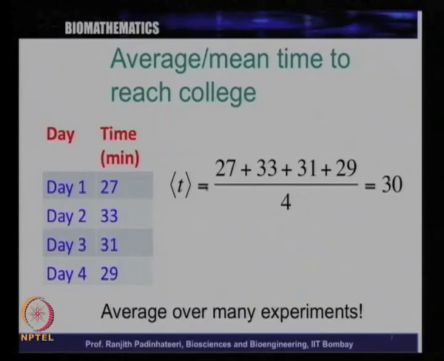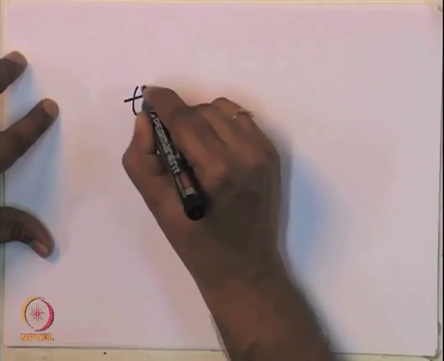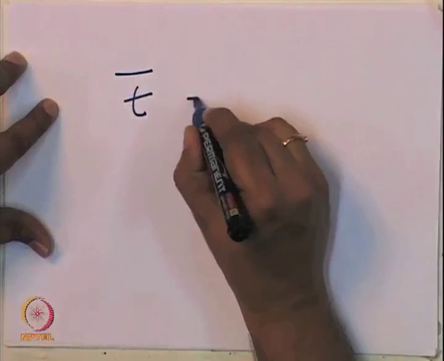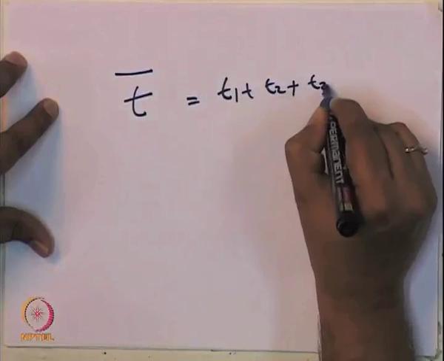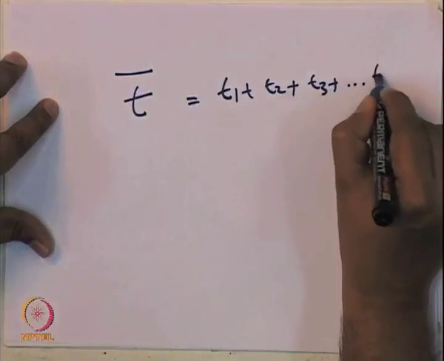So we can say that we found the average time, where the angular bracket around T means the average. I will typically denote average by this angular bracket. Some people denote average by a bar, T bar, like T bar is T1 plus T2 plus T3 plus and so on.